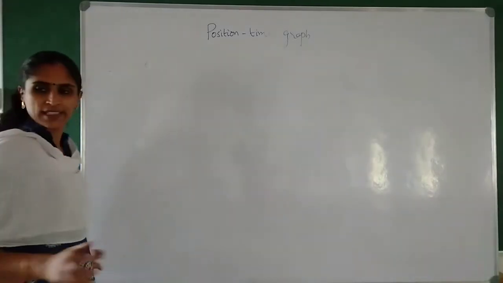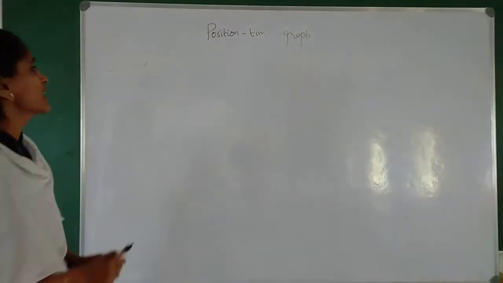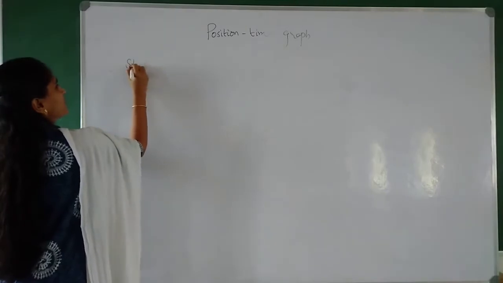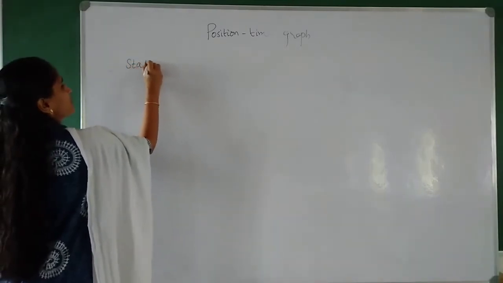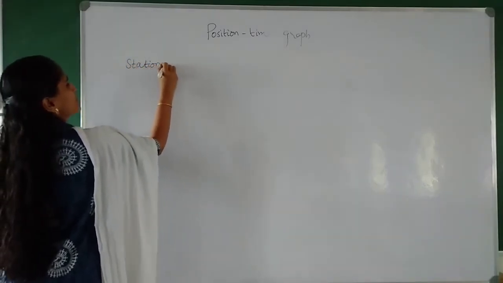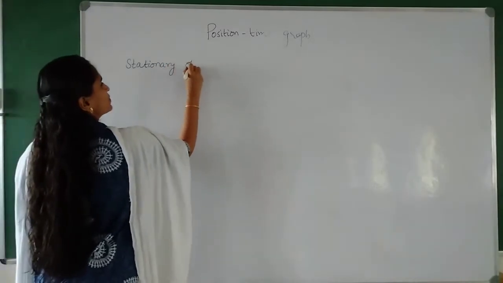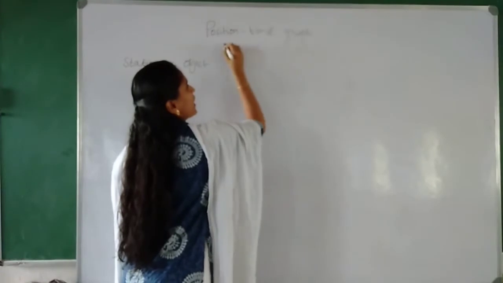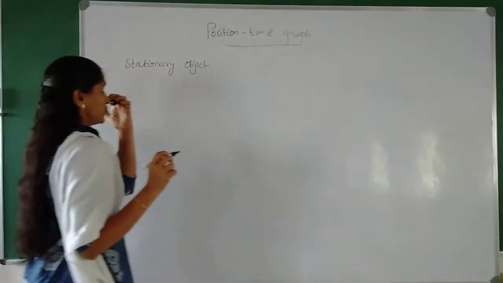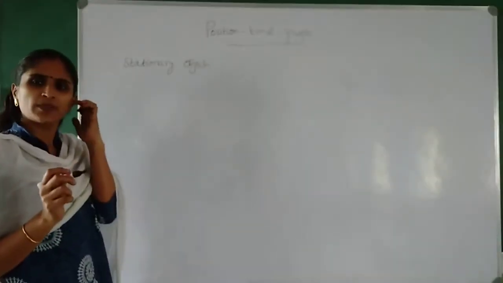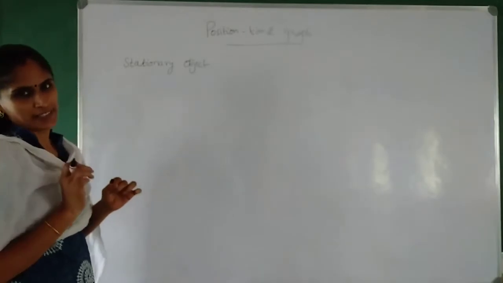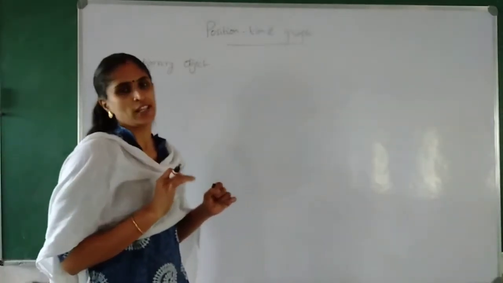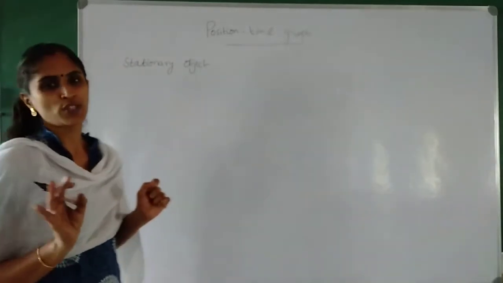So we will discuss the position time graph of a stationary object. So what is meant by stationary object? An object which is at rest. So what will happen to the position? Whether its position will be changing? No. No chance that its position will be changed.